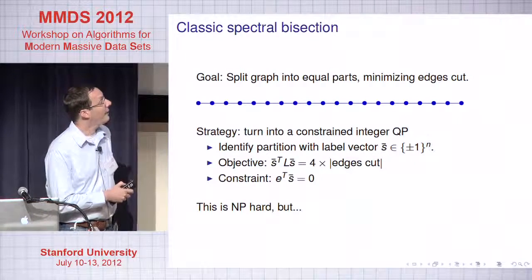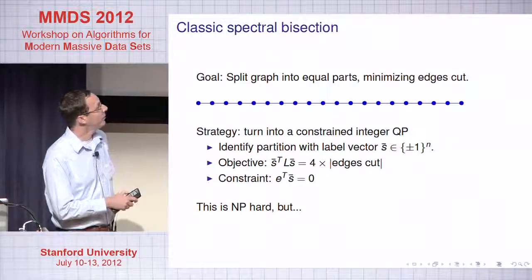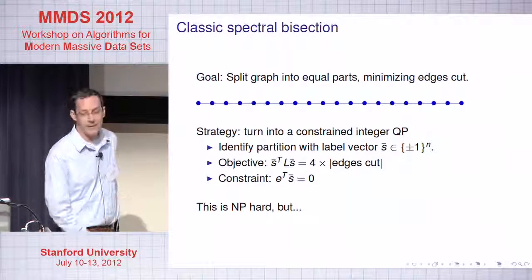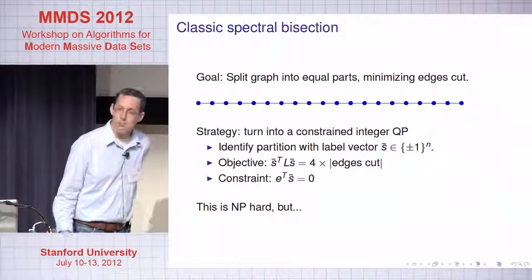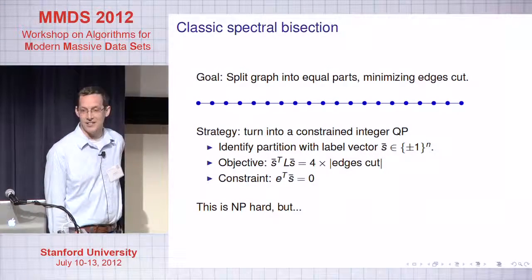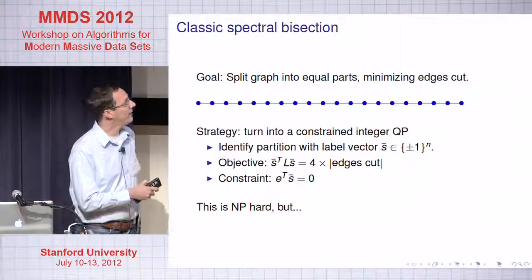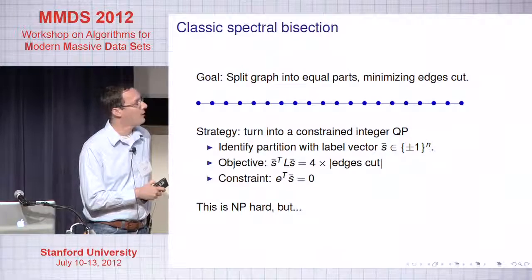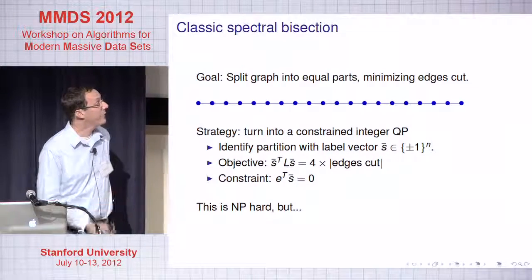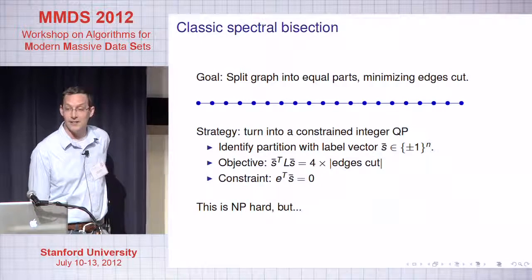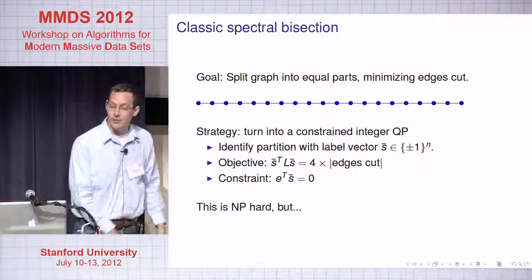And if we write down the graph Laplacian matrix, take this label vector and take a quadratic form with that graph Laplacian matrix, it gives you a multiple of the number of edges that are cut. So now try to minimize that, subject to the constraint that the vector of all ones, which I'm going to denote by E through the rest of this talk, dotted with your label vector is 0, right? So that's the constraint that the two halves have to have equal size.